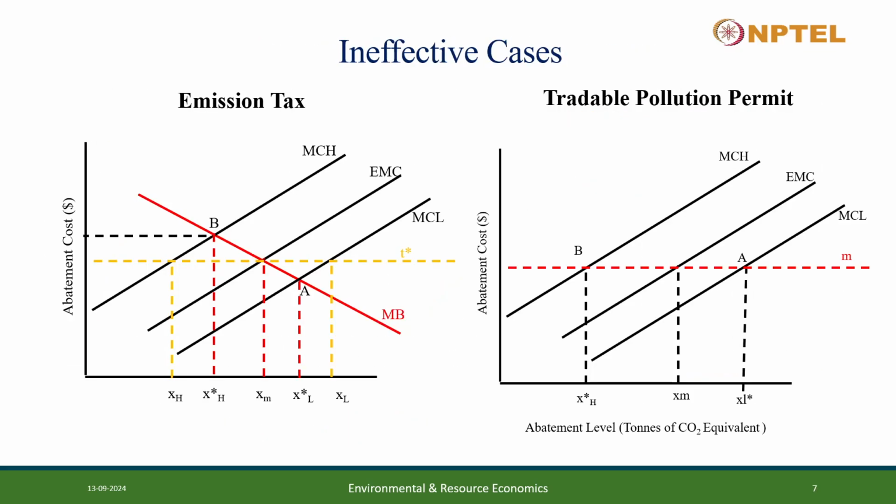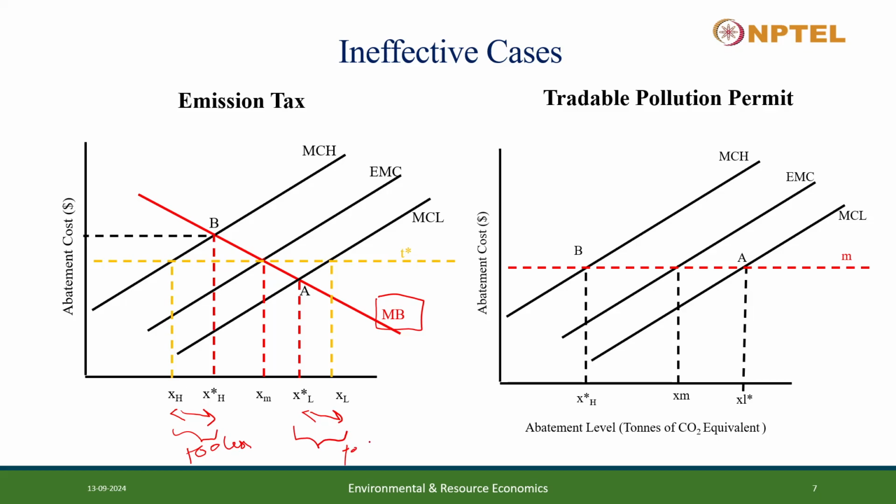Now we will move towards the ineffective cases. In the emission tax system, when MB is steep, there is a difference between XH and optimal XH as well as XL and optimum XL. So there will be reduced emission control and additional emission control, too less emission and too much emission, right?